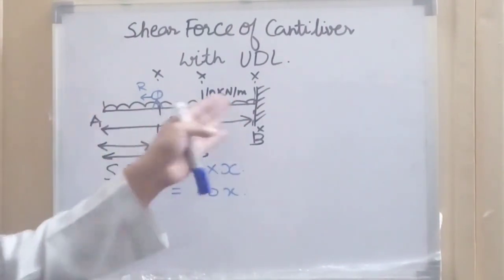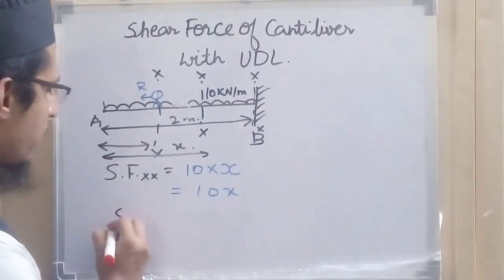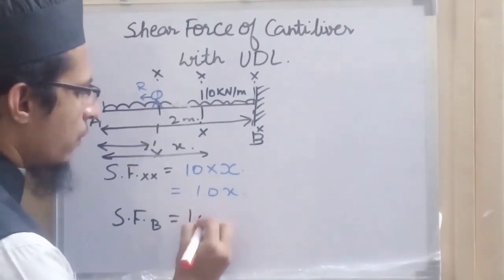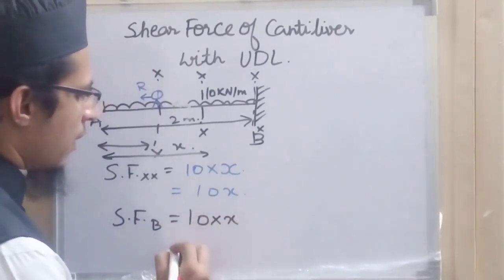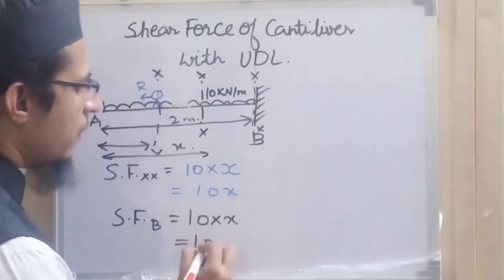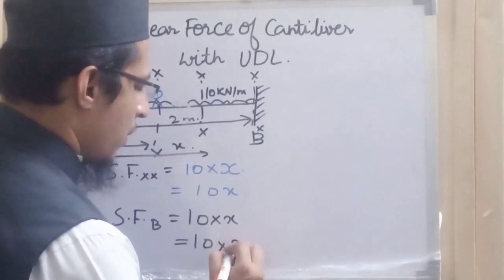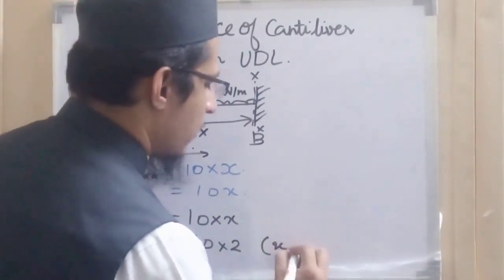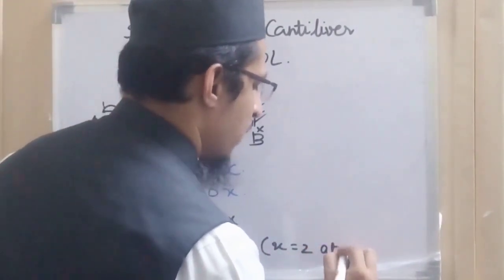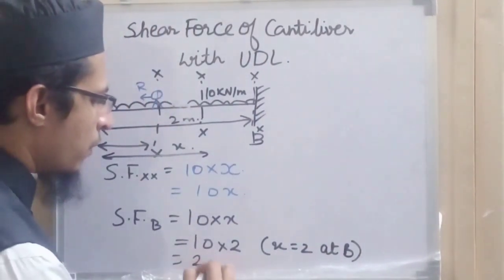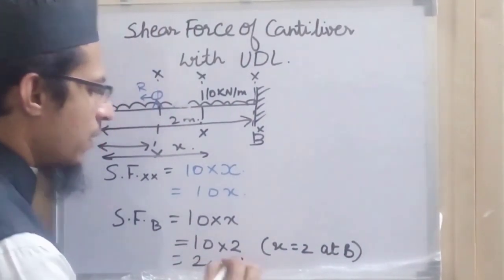At B, x is equal to 2, so 10 into 2. So we will have a shear force of 20 kilonewton at B.